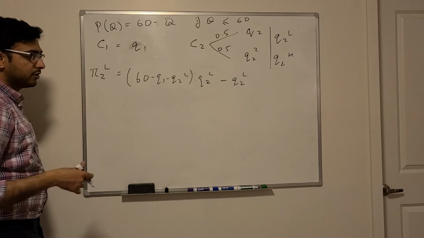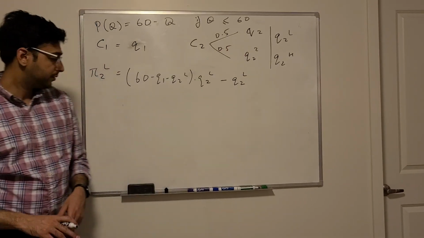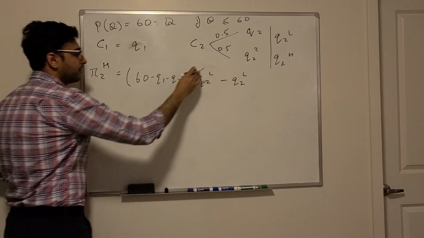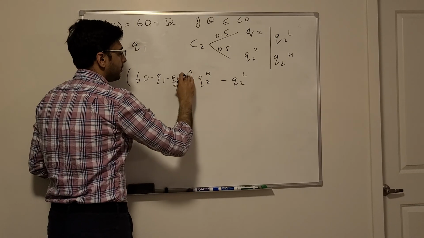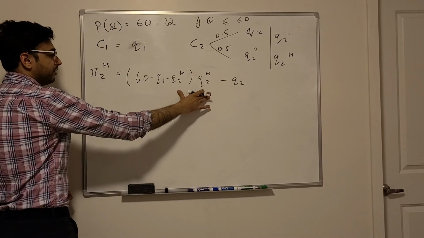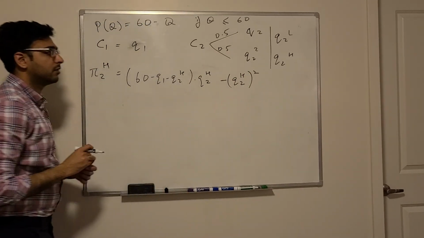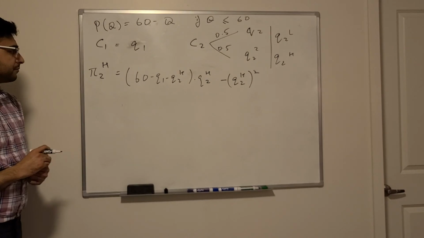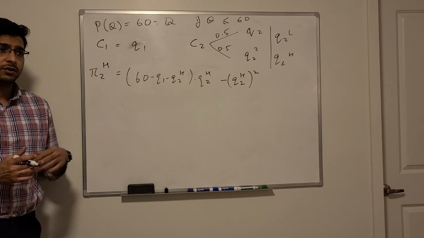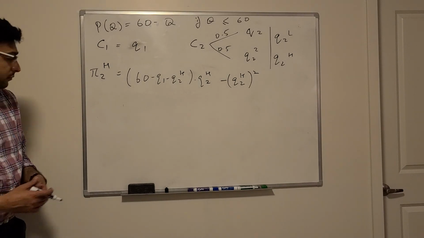This is the profit function for the firm when its cost is simply Q2. For Q2H, all I'm changing is this here. So total revenue changes to this, but total cost is Q2H whole squared. Now with each of these profit functions, you can take first order conditions to get best responses.